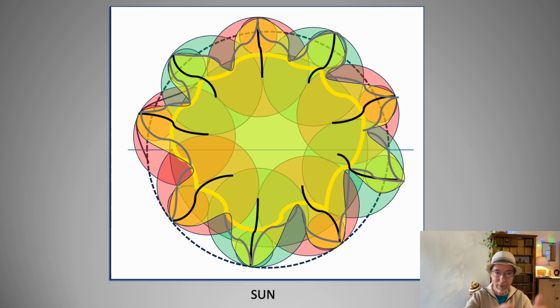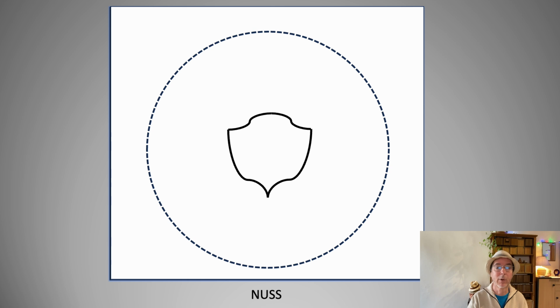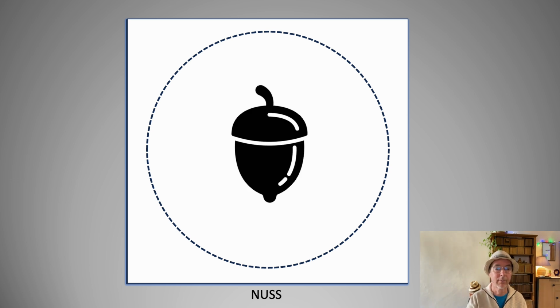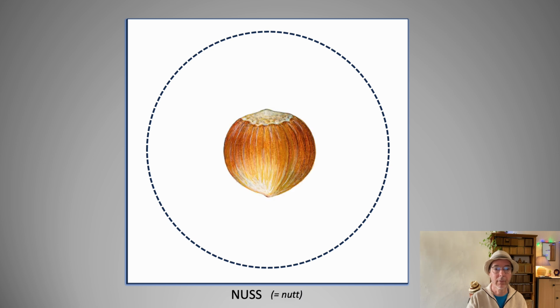So this what you see, I put into a two-dimensional frame within U, or the inner circle. So what do I get? I have, of course, more or less this form, with a few variations, not many, in which you also have these two sections, if you want, that are in two directions at the same time, or two positions at the same time. And we have, of course, the NUSS, or the nut, or even this one.